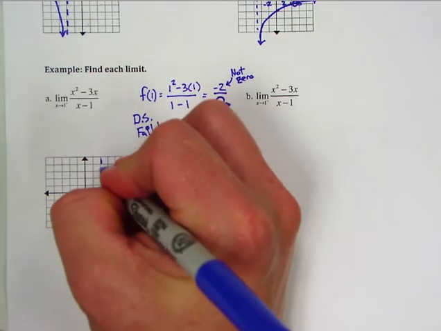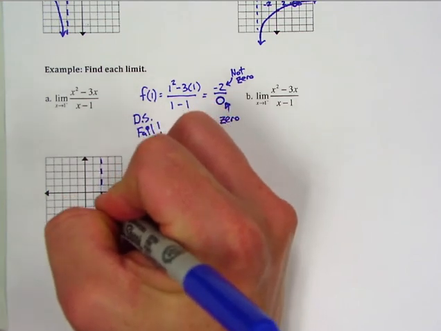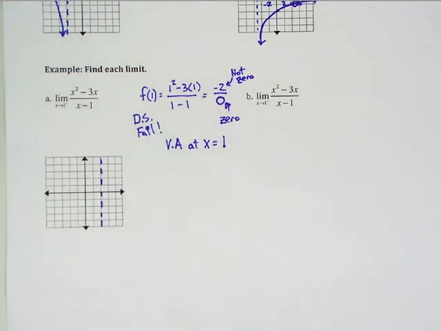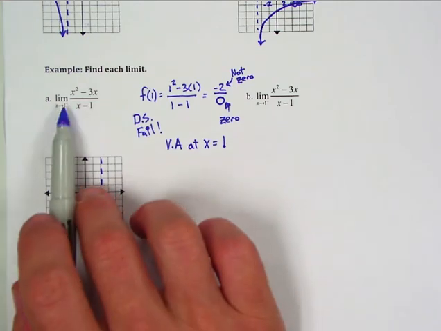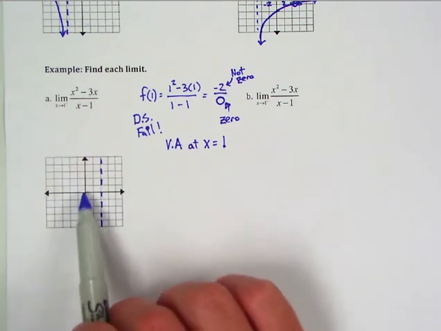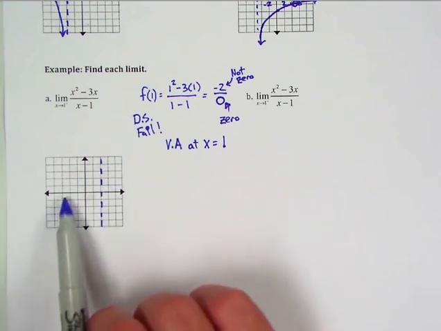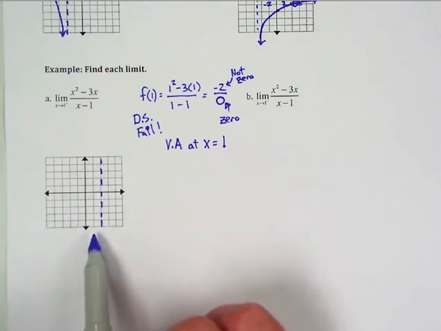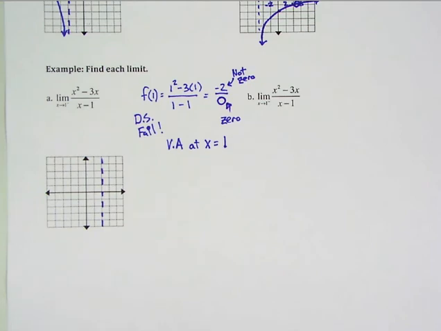So now we have this right here. So we know as x approaches 1 from the left that this is either going to go to infinity or it's going to go to negative infinity. So we're not going to get a limit, but we do want to determine whether it's infinity or not.